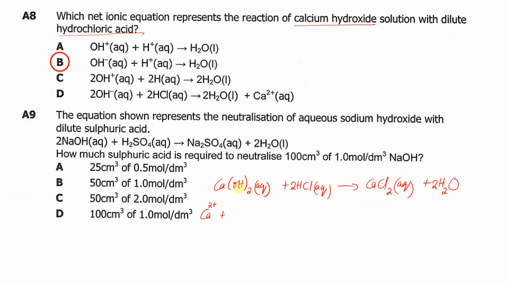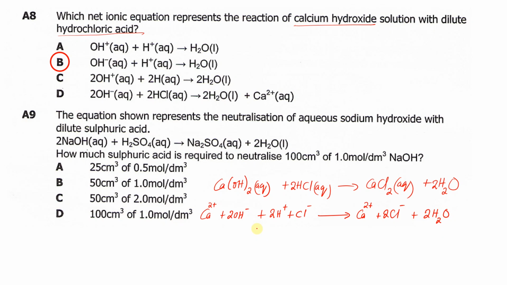Then plus hydrochloric acid splits into hydrogen ion plus chloride ion. Then the arrow. Then the aqueous calcium chloride also splits into calcium ion, then plus the chloride ion with a 2 and a negative, then plus water.